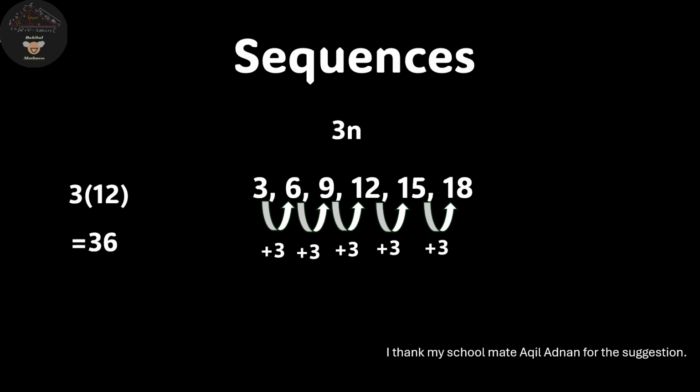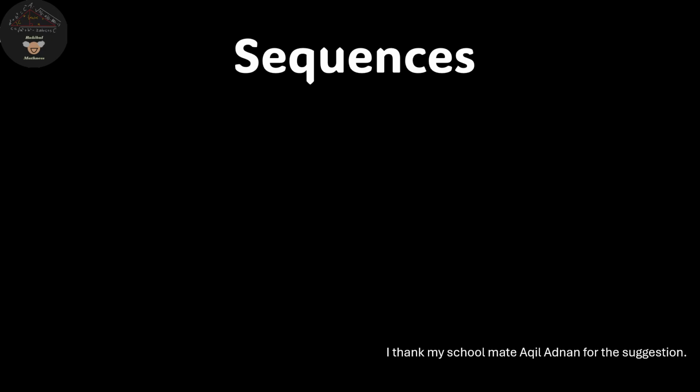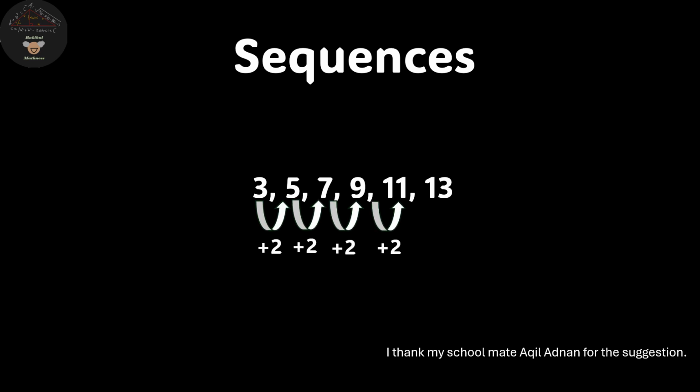Let's try finding more complex ones. For example, 3, 5, 7, 9, 11, and 13 looks pretty similar. To get to the next term, you need to add 2, add 2, add 2, add 2, and add 2.